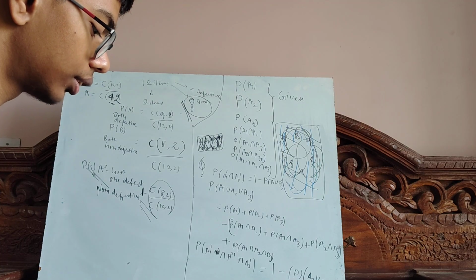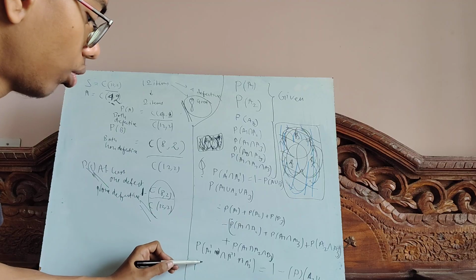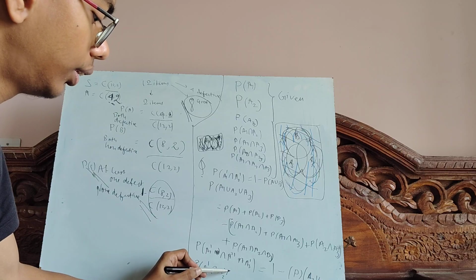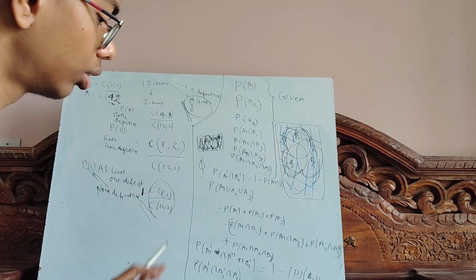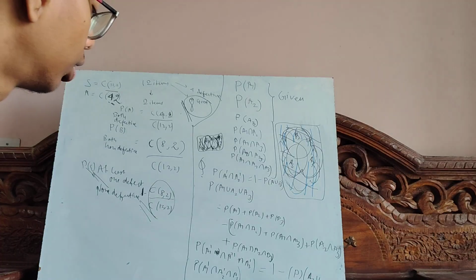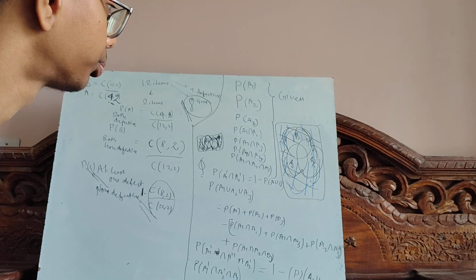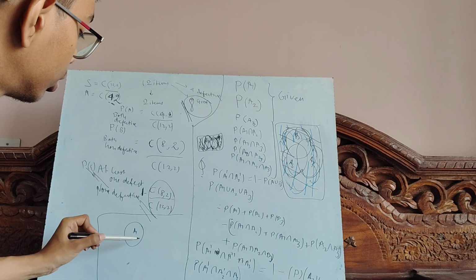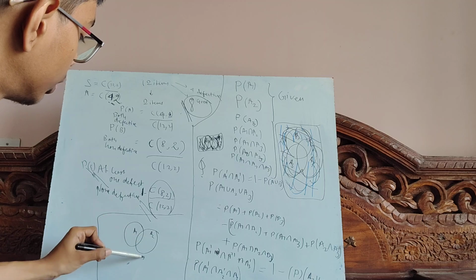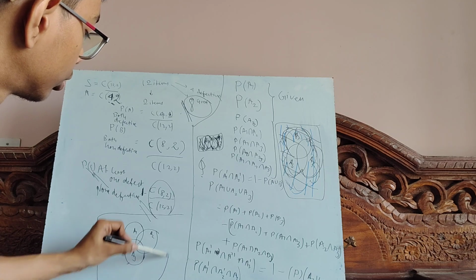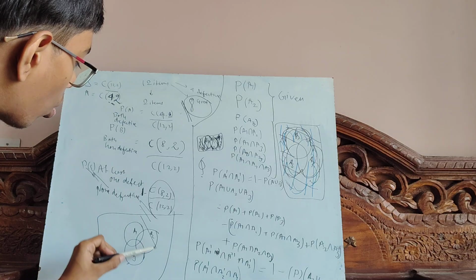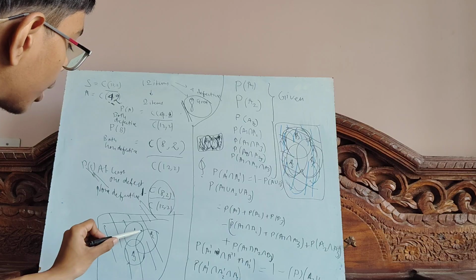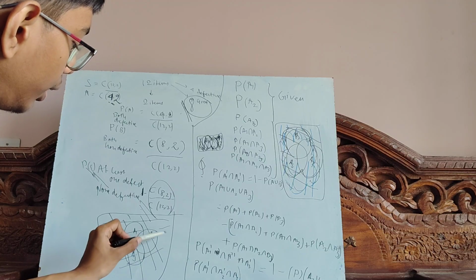Now next question is probability of A1 complement intersection A2 complement intersection A3. Right. What does it mean? I can visualize it as A1, A2, A3. So A1 complement means all of sample space but not A1. A2 complement means all of sample space but not A2.